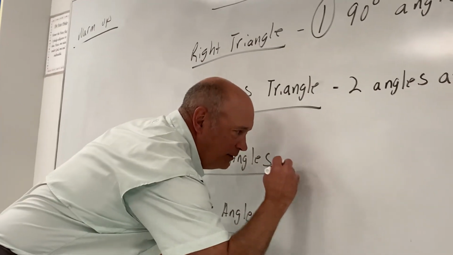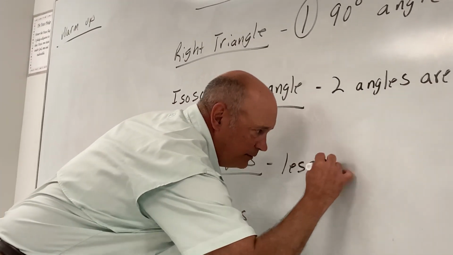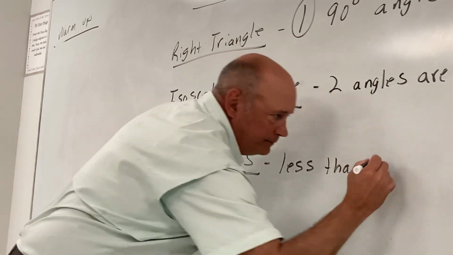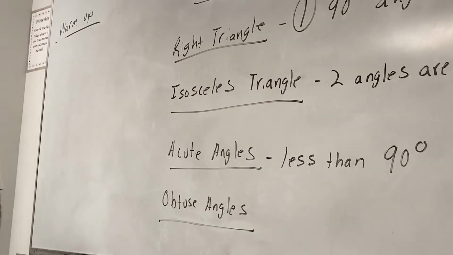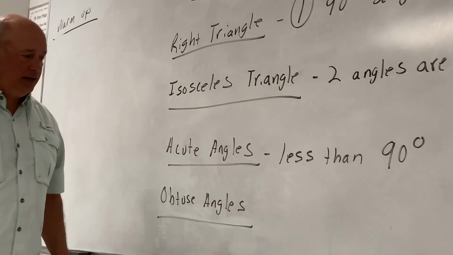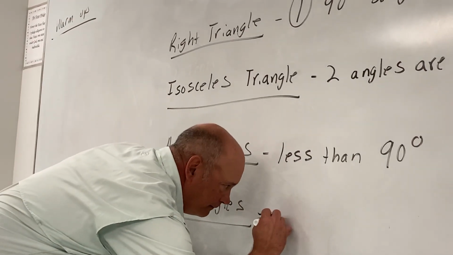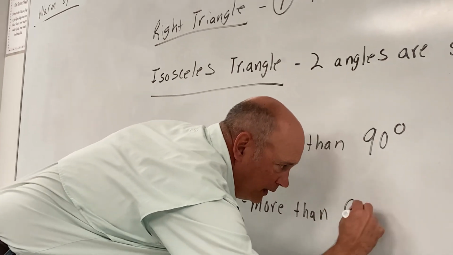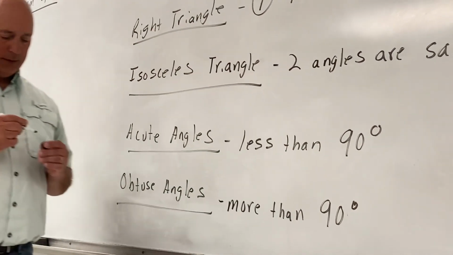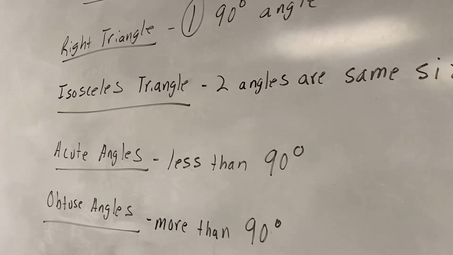An acute angle is less than 90 degrees. What about an obtuse angle? Greater than 90. More than 90. Okay, questions so far?